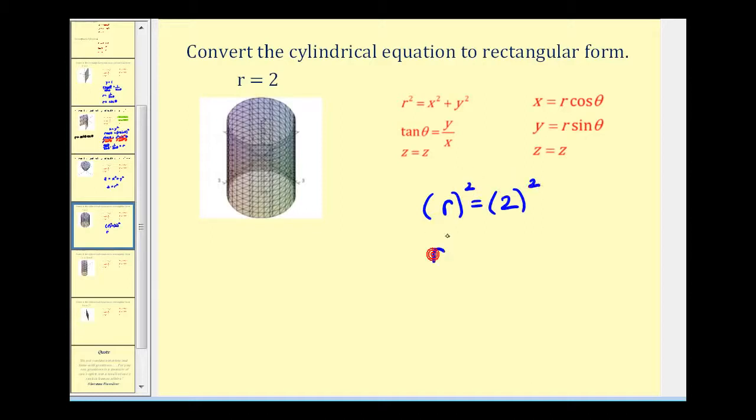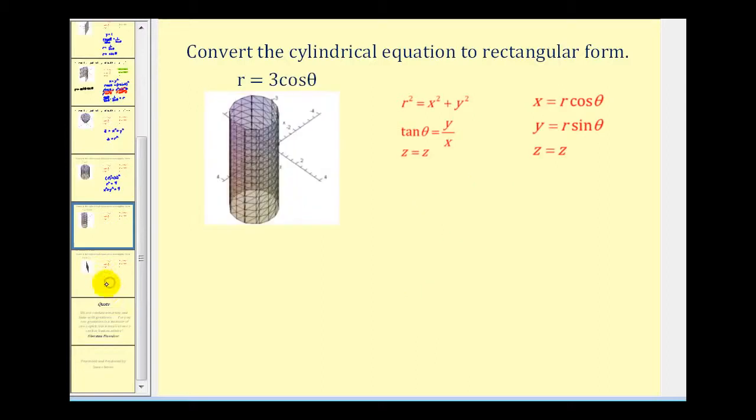That would give us r squared is equal to 4, and now we can replace r squared with x squared plus y squared. And since this equation does not contain r or theta, it is now in rectangular form.